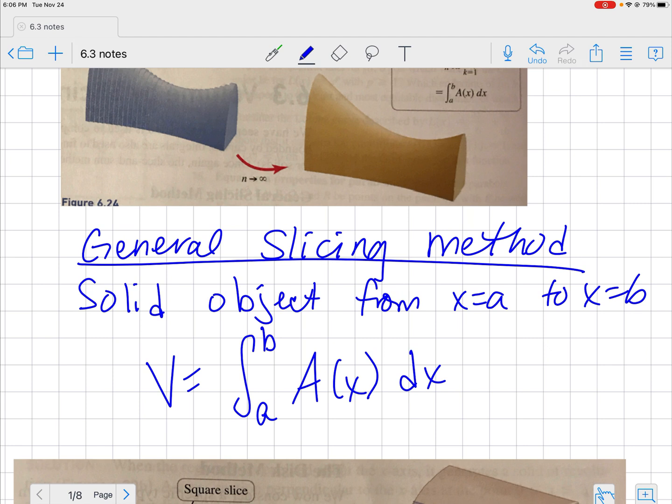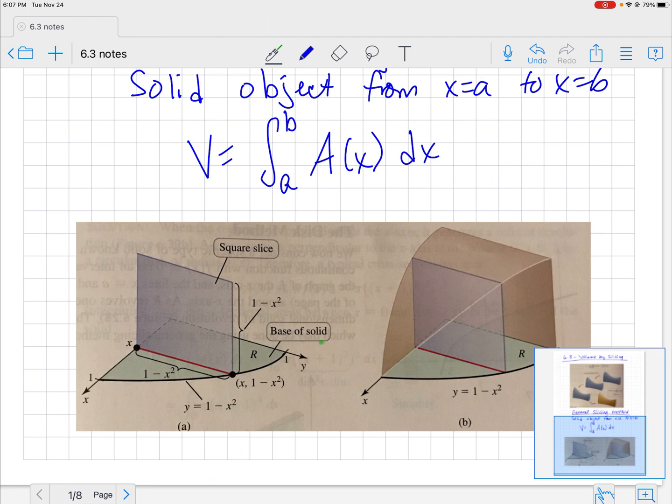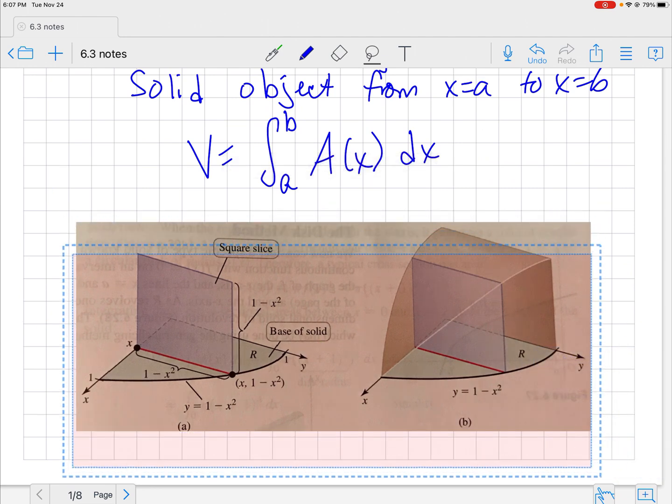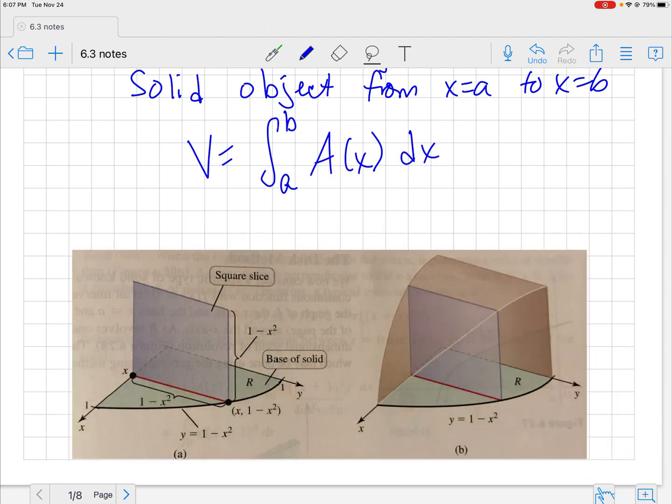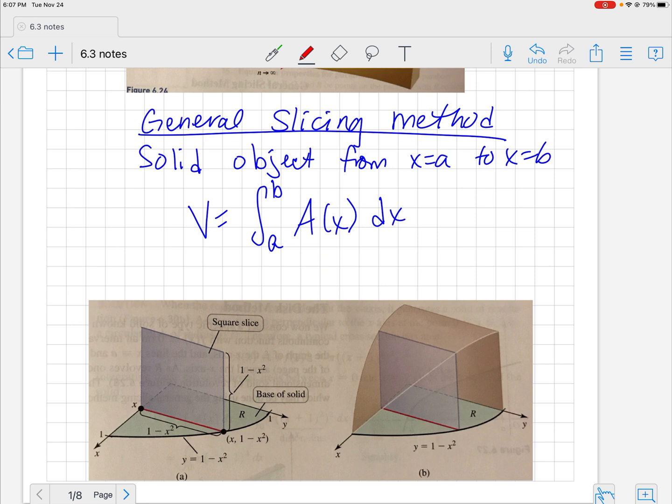Now remember, it's super important to put this dx on there if x is the variable that you're talking about. And the whole purpose of that A of x, here, let me move this down just a tad here. The purpose of this A of x is because this is the general, this is the generic. That's what we said, the general slicing method.